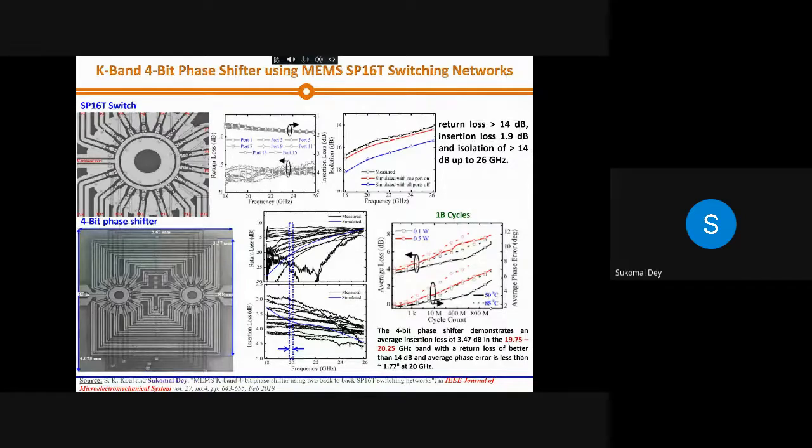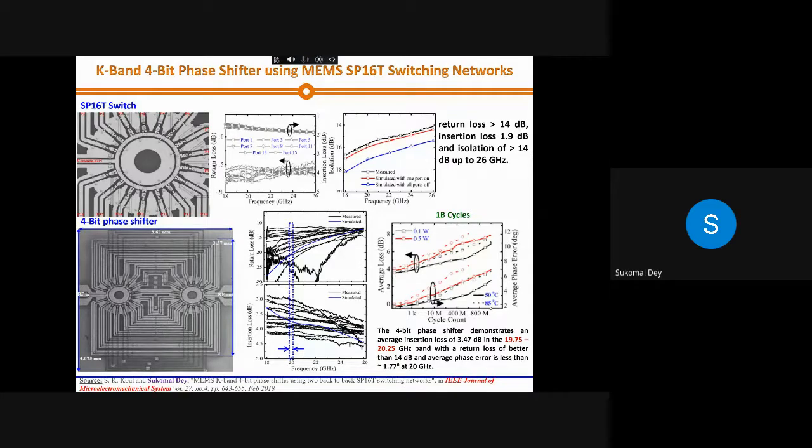Whenever we check the temperature stability, we keep it on a hot plate and the temperature is controlled.